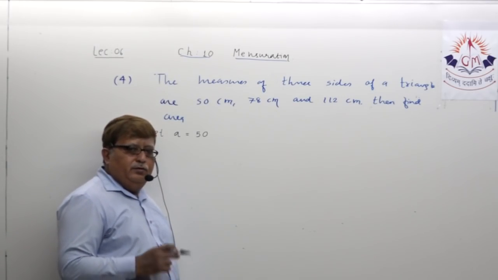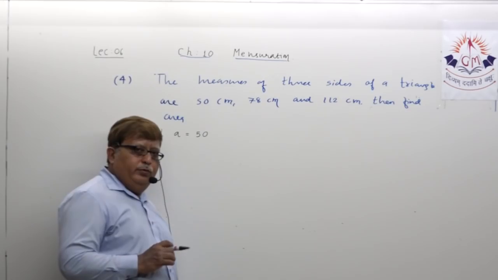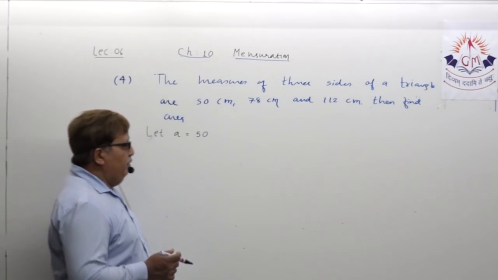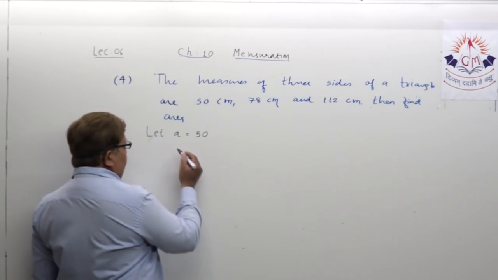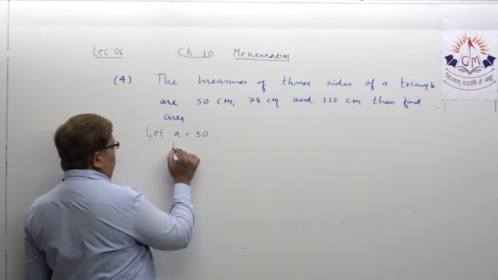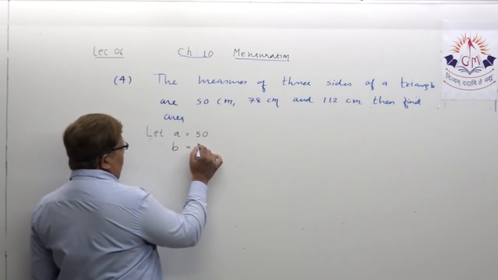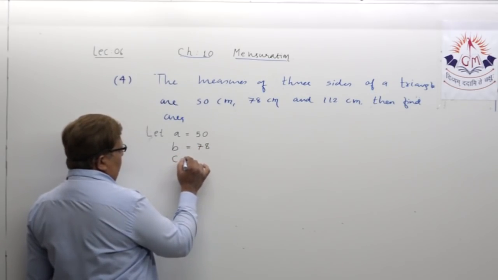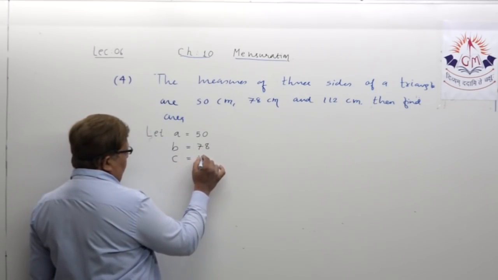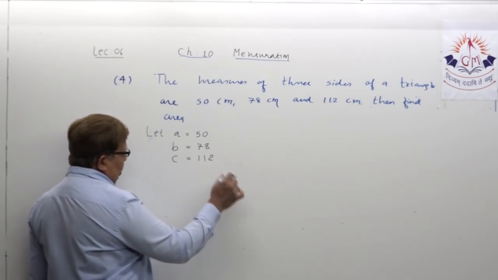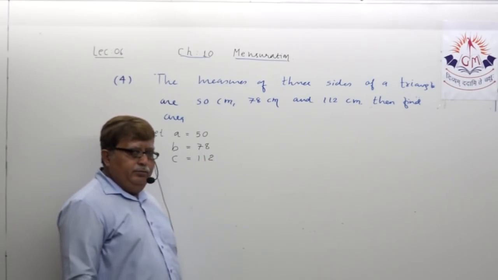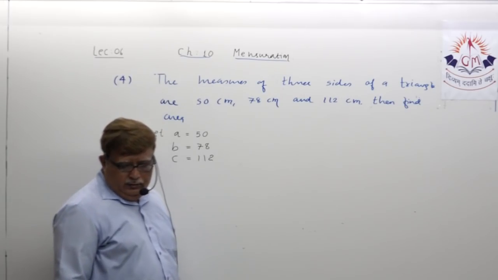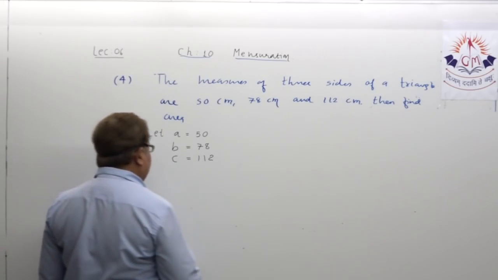When you write your final answer, there you should mention the proper unit. Here it's not necessary to write. B equals 78, C equals 112 centimeter. Three sides are already given.